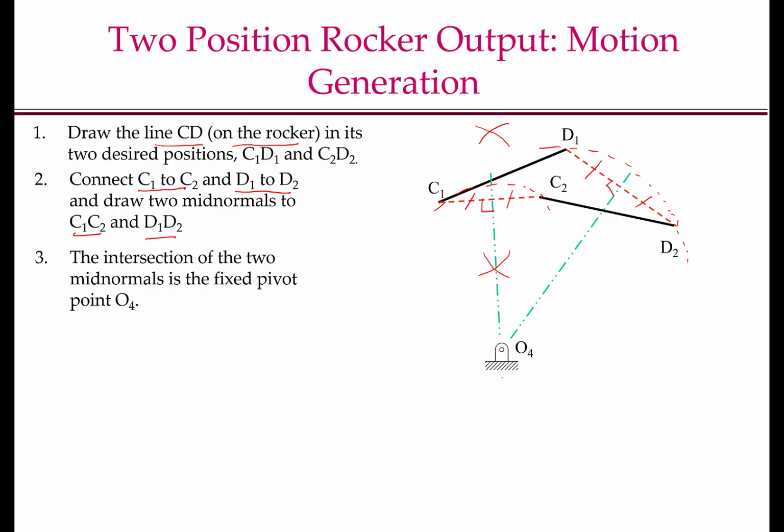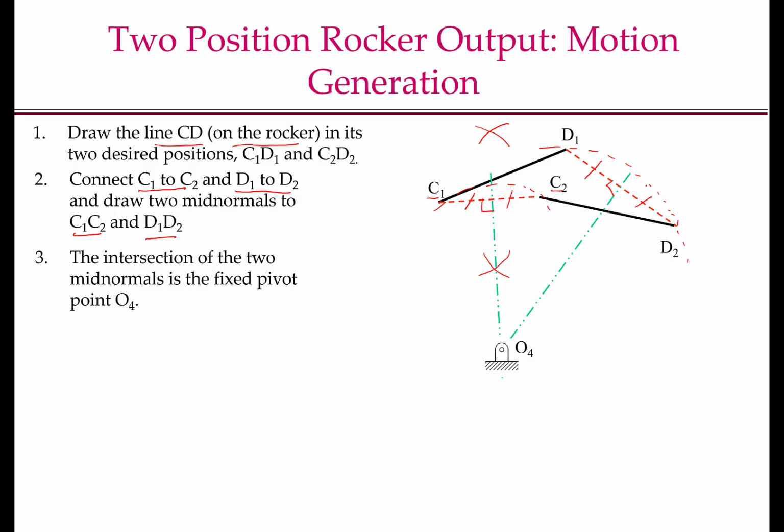From elementary geometry, we know that if C1 and C2 lie on the same circle, then the center of the circle lies on the perpendicular bisector of the segment C1C2. Similarly, if D1 and D2 lie on a circle, the center of that circle lies on the perpendicular bisector of the segment D1D2. Therefore, it follows that the fixed pivot O4 has to be at the intersection of these two lines so that it can lie on both lines.